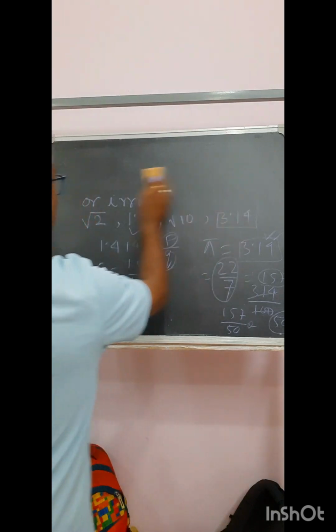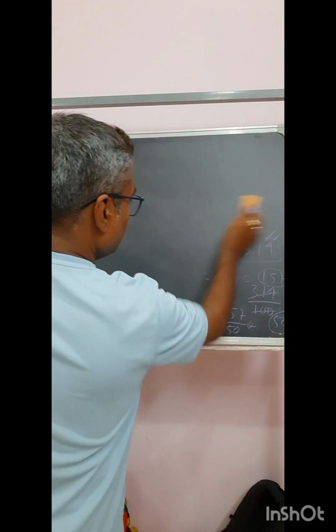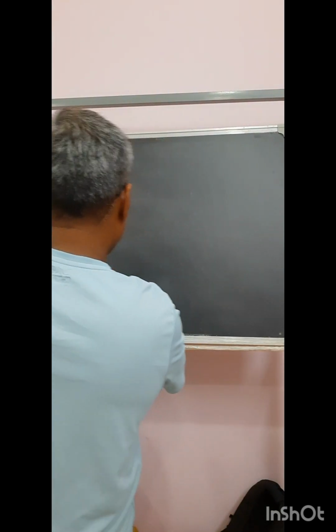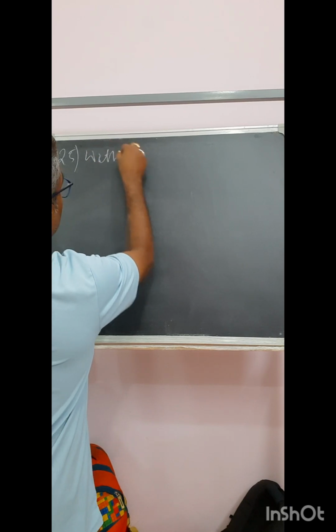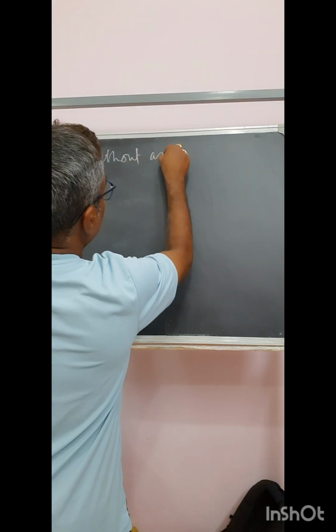So next comes the sum number 25, without actual division.